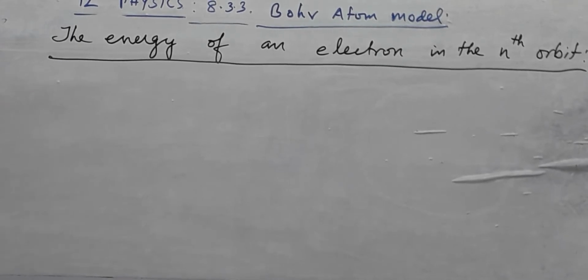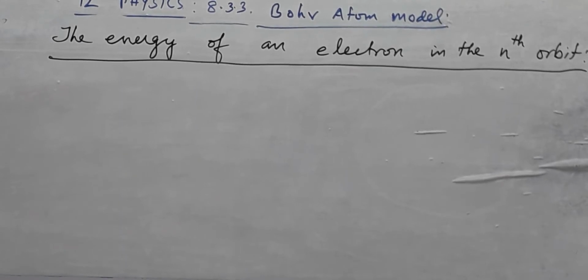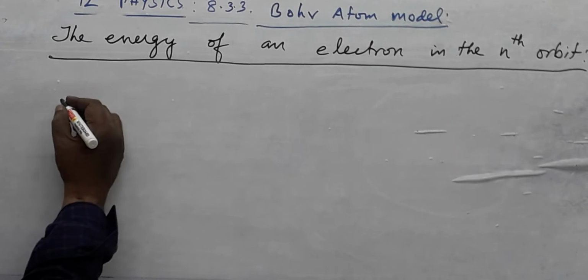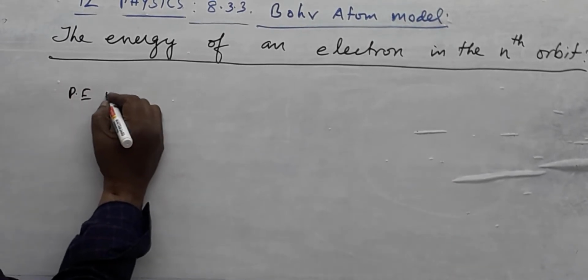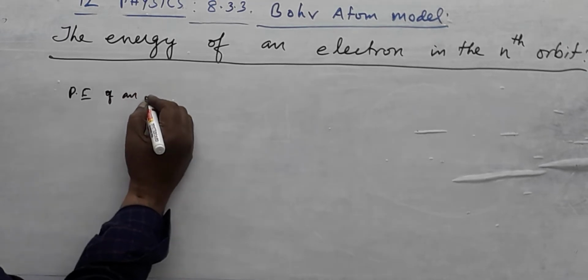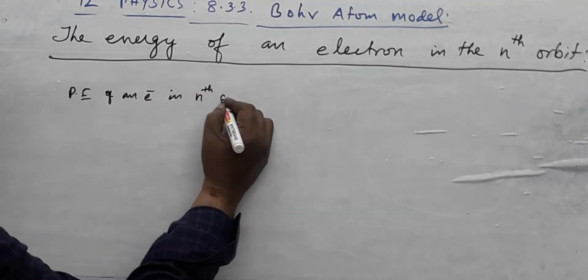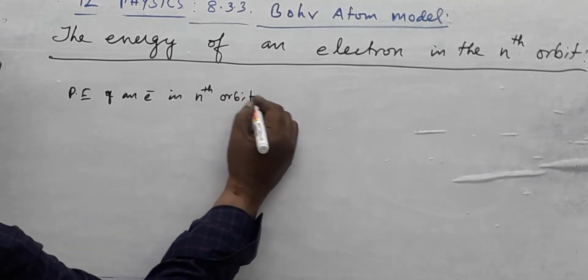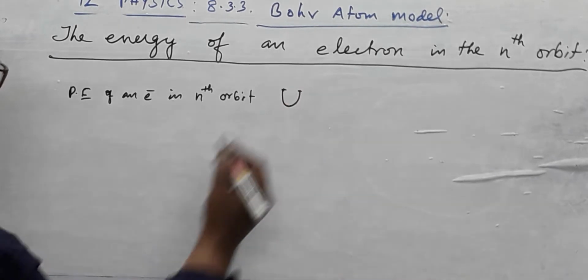Since the electrostatic force is a conservative force, the potential energy of an electron in the nth orbit is given by Un.